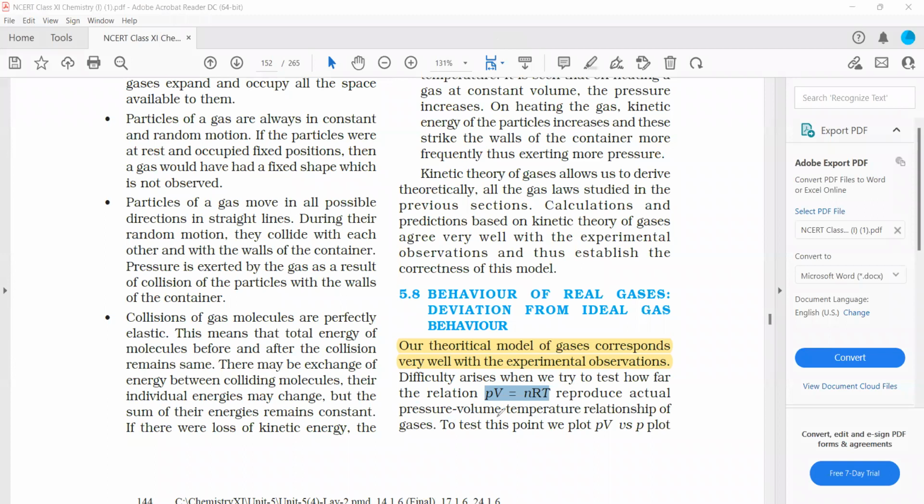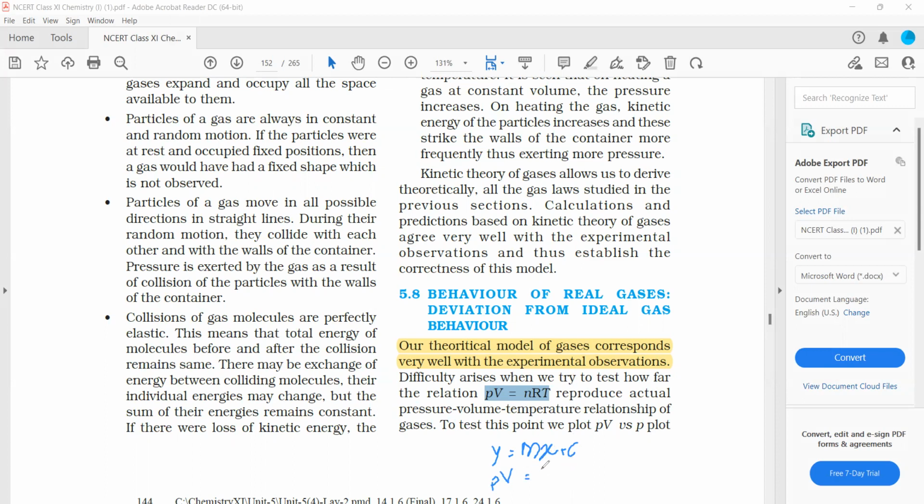So taking this equation into consideration, PV equals nRT. At constant temperature, if you want to plot PV versus P, how can you do that? We know the equation y equals mx plus c. Here Y will be PV. Everything else is constant, and where is X?